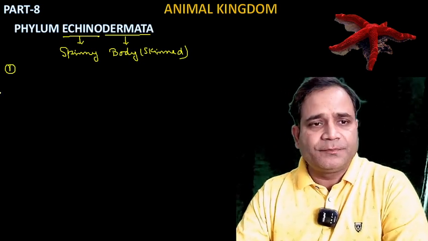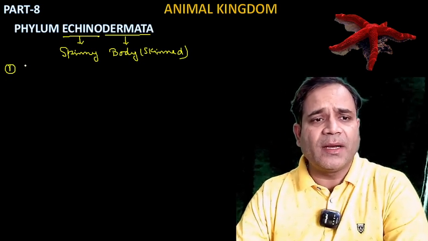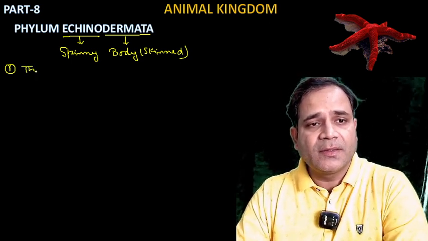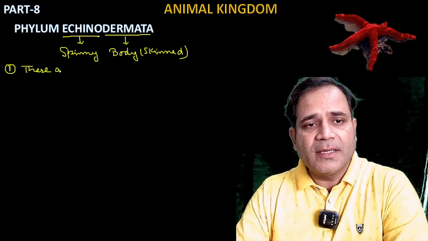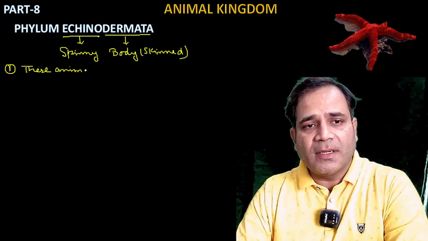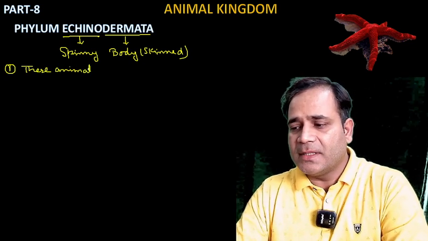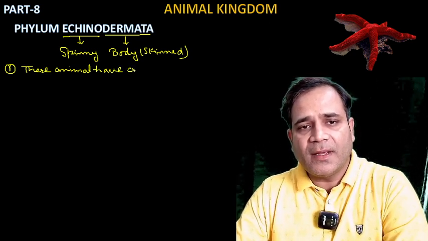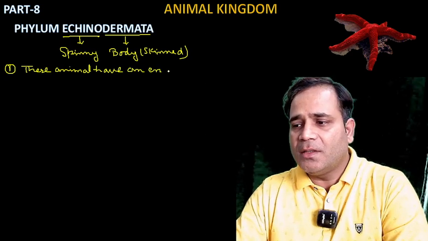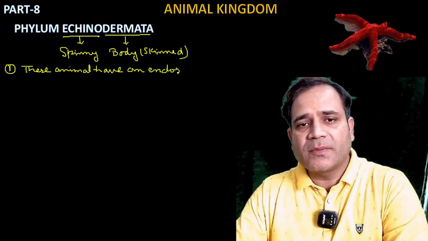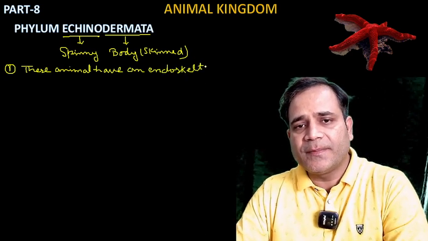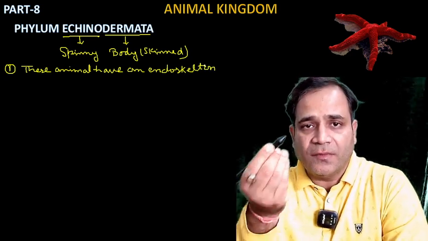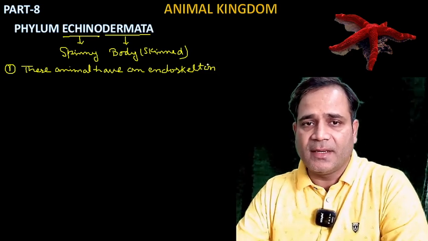Now I'm going to tell about the phylum Echinodermata. These animals have an endoskeleton. If I'm saying endoskeleton, it means the skeleton which is present inside the body, yes or no?